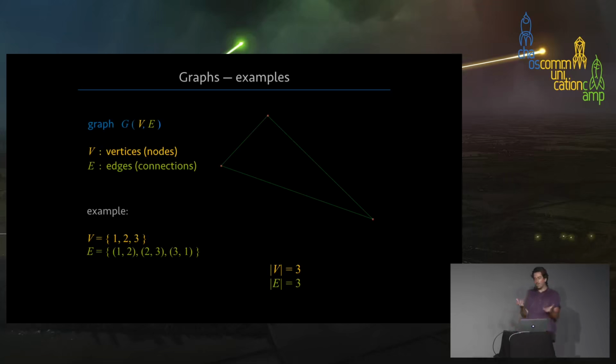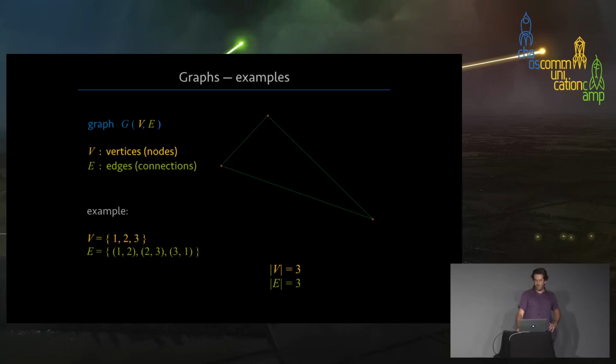Usually, graphs are most easily represented as a set of points connected by lines in 2D. And here is the representation for this case, where I have chosen the positions of these points randomly. In this case, it doesn't really matter, because any way I choose them, it will be a triangle, maybe a less symmetric one.